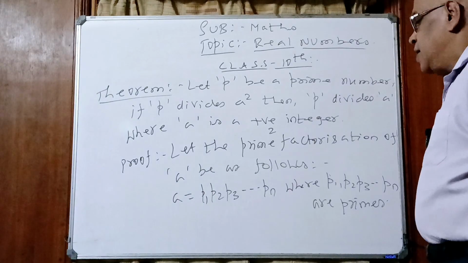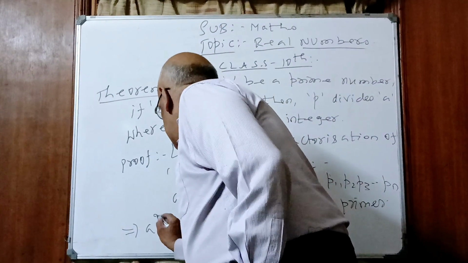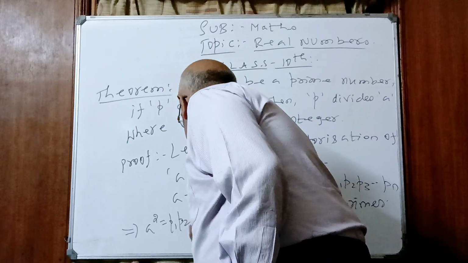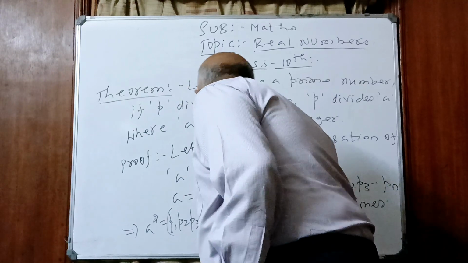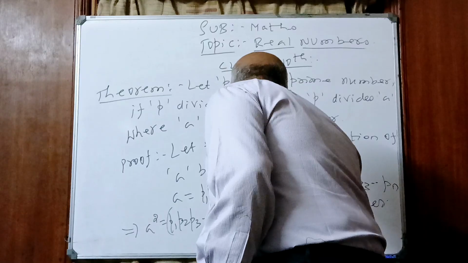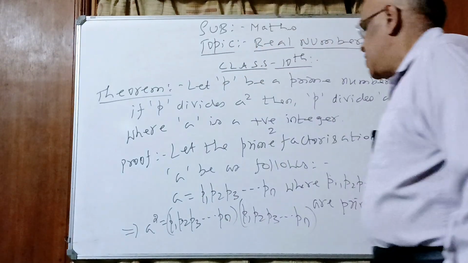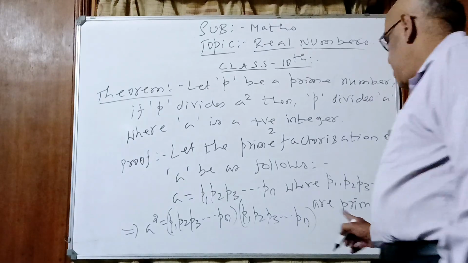Yes or no, children? So it implies that a square is equal to P1, P2, P3 up to Pn into P1, P2, P3 up to Pn. Yes or no, children? If a is P1, P2, P3 up to Pn, then a square is that multiplied by itself. Yes or no?